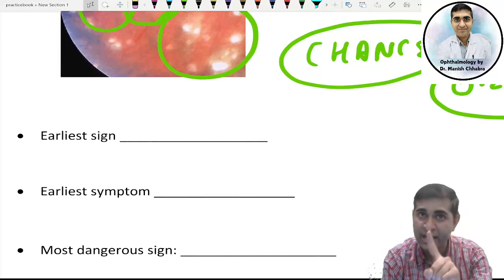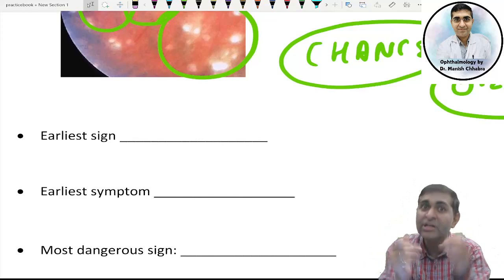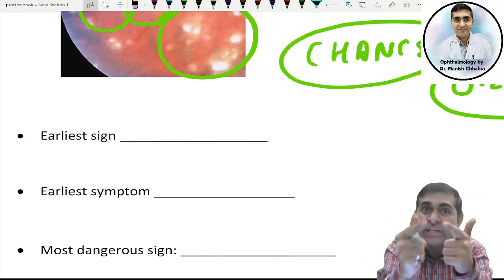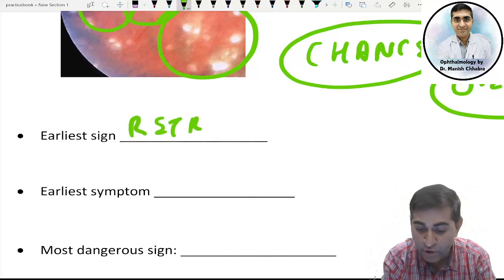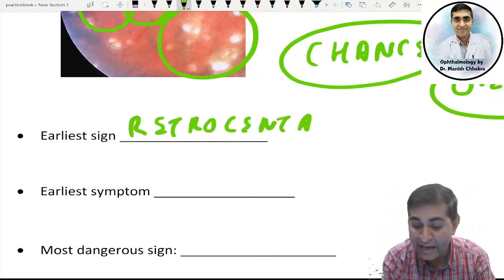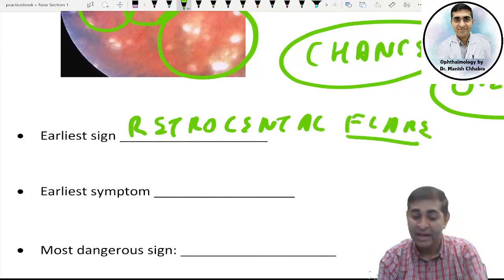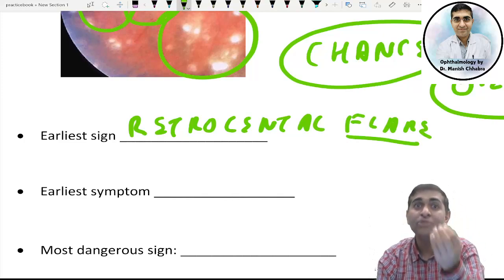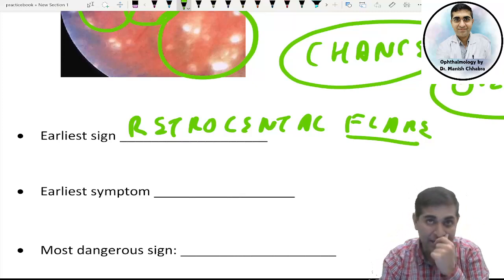So the earliest sign, of course, because of inflammation and antigen antibody reaction, there will be spillage of the cells, the proteins, the exudates, which will lead to formation of retrolental flare. Proteins cause flare, and retrolental means behind the lens. So in the posterior segment there will be release of inflammatory exudates, which you will see. That is the early sign.